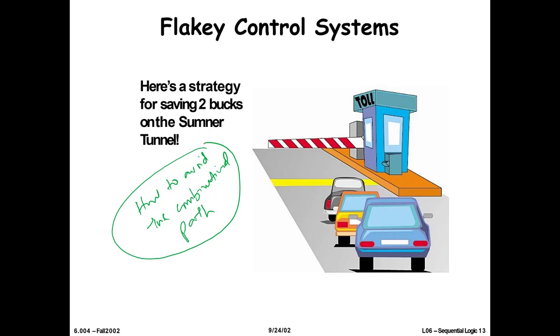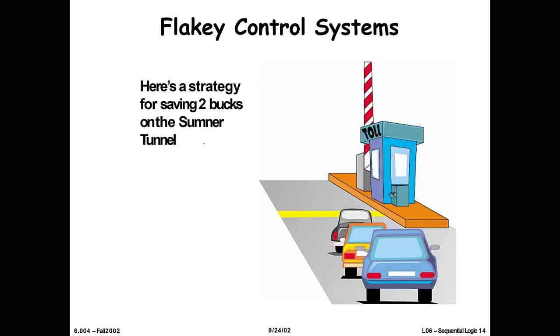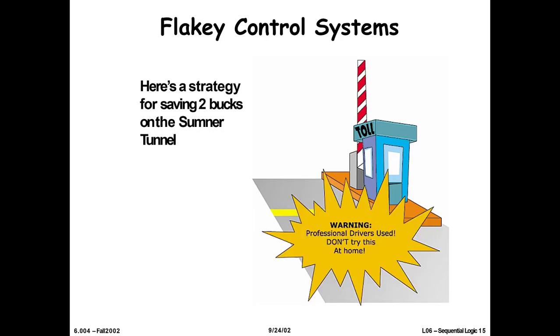Imagine that the first car has paid his tax and the gate is opened. The first car can go, but what happens is that all of them are trying to steal the tax money and they just go through it.